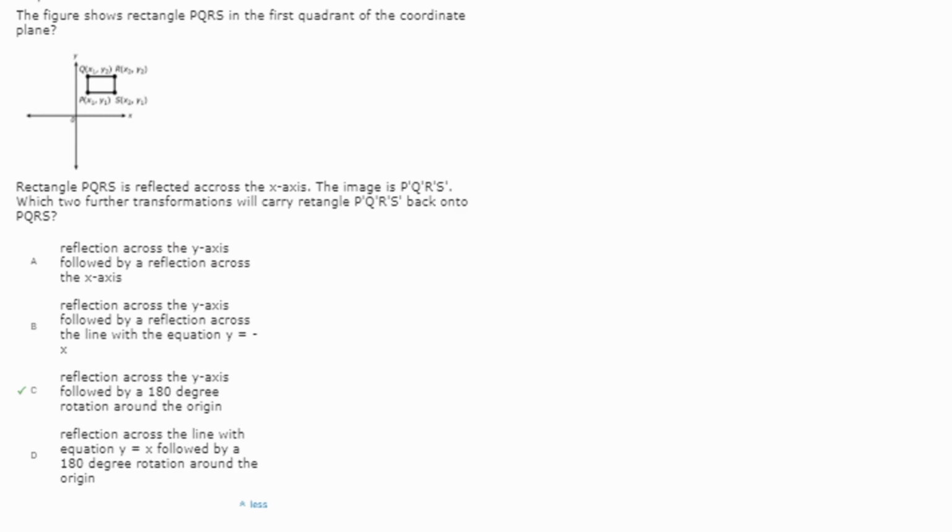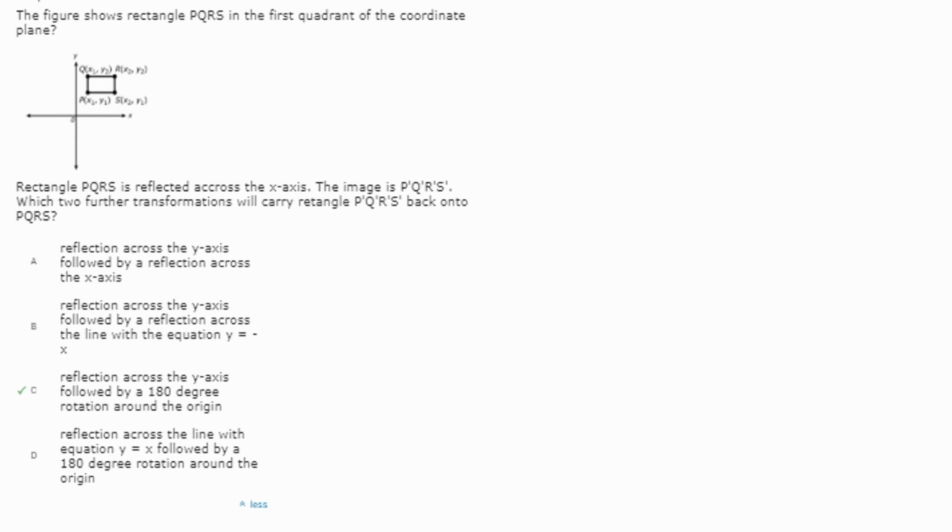And our last one. The last one says the figure shows rectangle PQRS in the first quadrant of the coordinate plane. This rectangle PQRS is reflected across the x-axis, and that creates P prime, Q prime, R prime, S prime. Which two further transformations will carry rectangle P'Q'R'S' back onto PQRS?